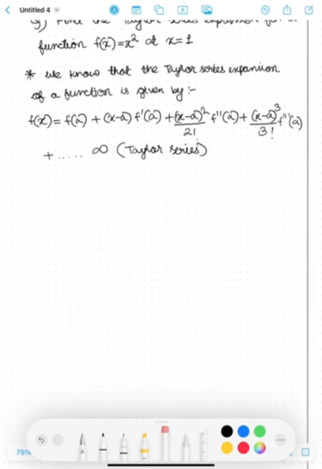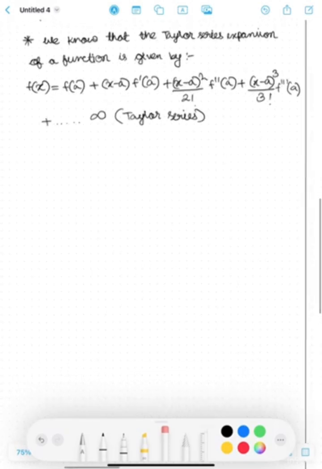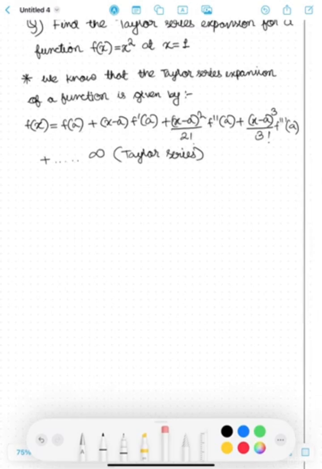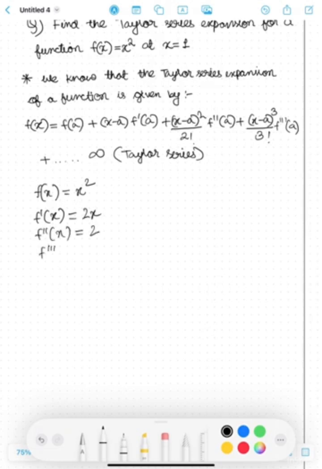So first of all, let us write the function. So the function is f of x is equal to x squared. Now let us find the derivatives of it, that is 2x, 2, and 0.